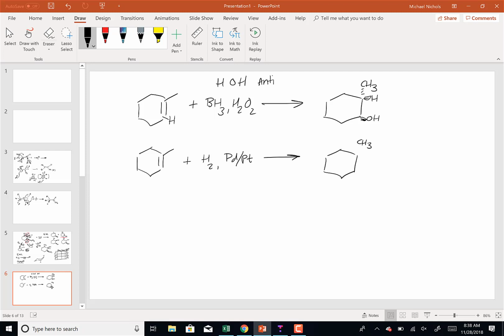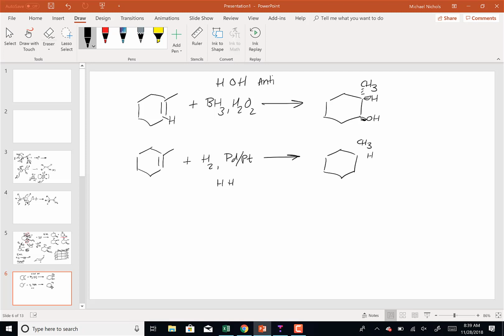For the second one, same kind of process. What am I adding with H2? I'm adding two H's, right? Markovnikov, anti-Markovnikov. Doesn't matter, it's the same thing.